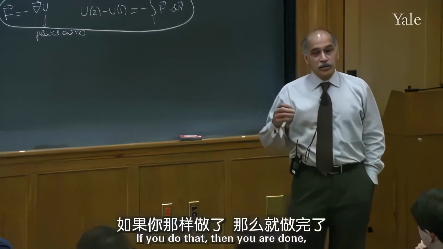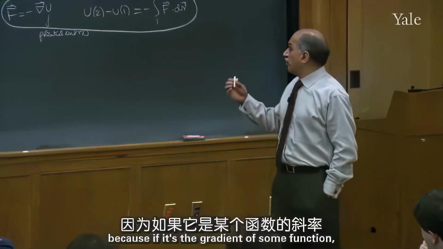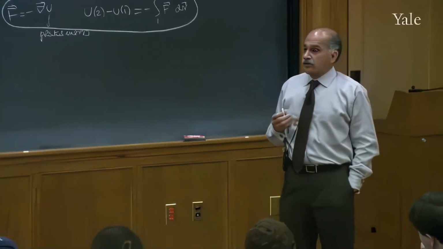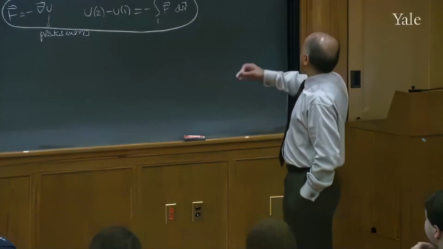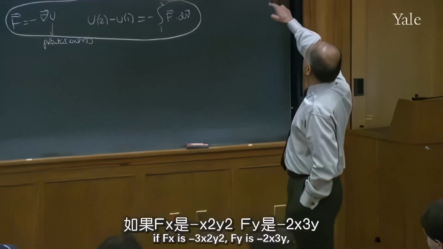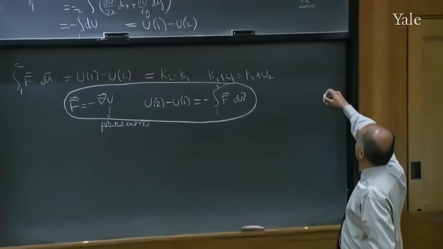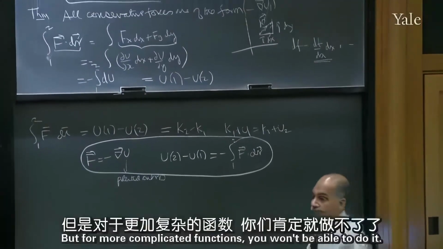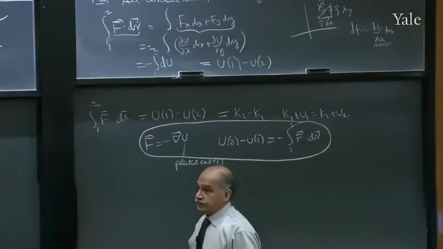If you do that, then you're done, because it's a gradient of some function. We know it's conservative. But what if you cannot see that right away? For simple polynomials, you can easily guess. Like the example I gave you, if fx is minus 3x squared y squared, fy is minus 2x cubed y, maybe you can guess that u is x cubed y squared. But for more complicated functions, you won't be able to do it.